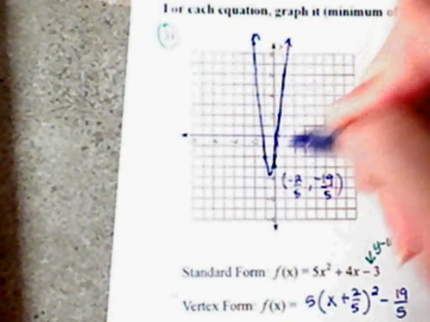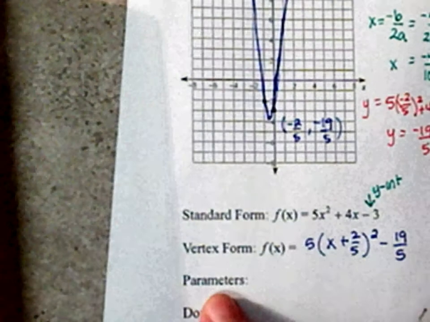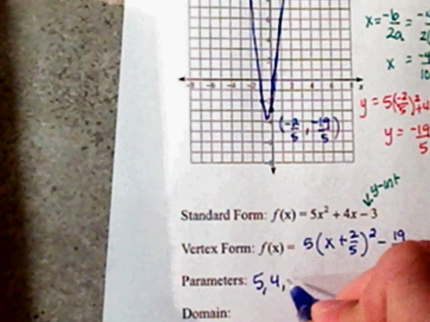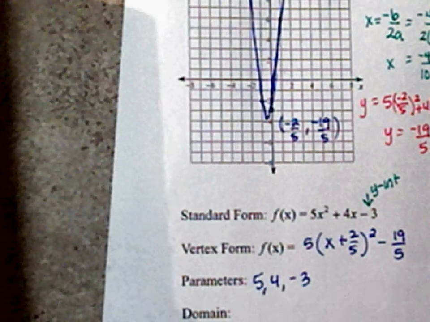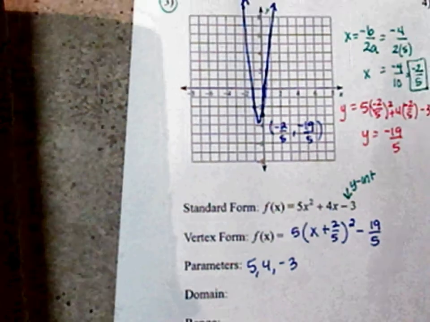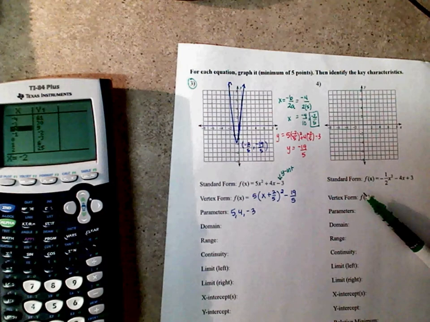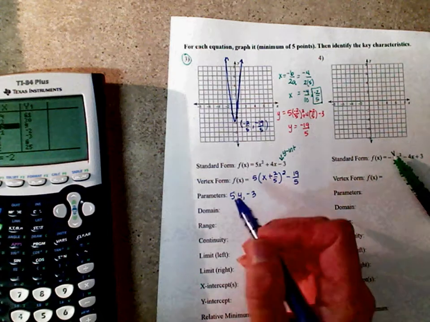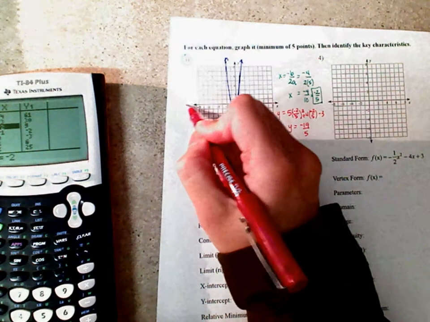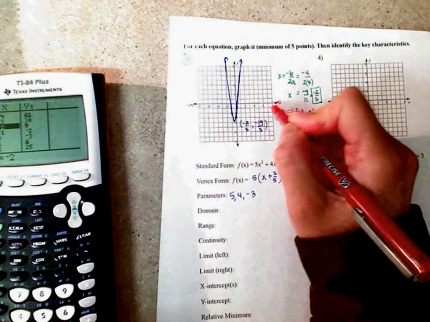Okay, there you go. Your parameters, basically these are just your numbers. You can write it from your vertex form or your standard form. It doesn't matter to me, okay? Now I'm going to make it a little smaller so you guys can kind of see. Okay. Your domain goes from far left, which is -infinity, to far right, which is +infinity.